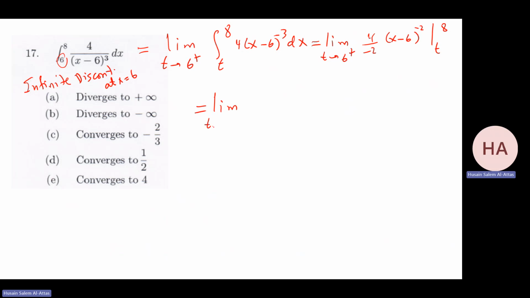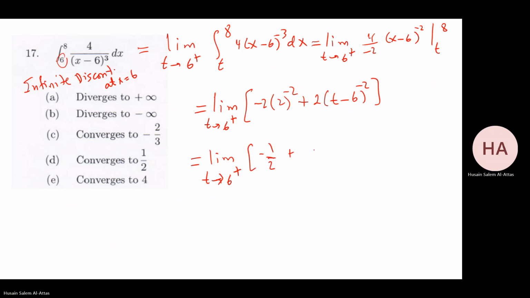Limit as t goes to 6 from the right of minus 2 times (8 minus 6, which is 2) to the power minus 2, plus 2 times (t minus 6) to the power minus 2. Let me do it in steps. That will be the limit as t goes to 6 from the right of minus half plus 2 over (t minus 6) squared.